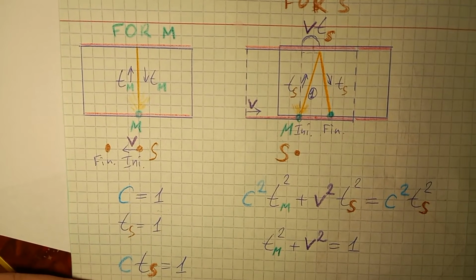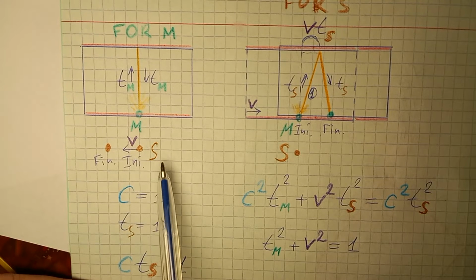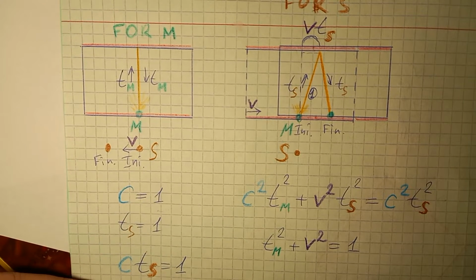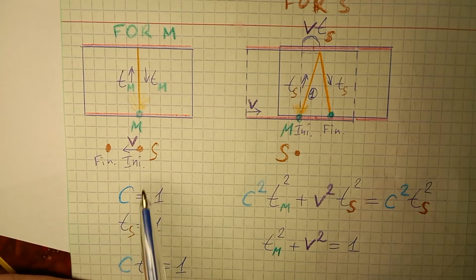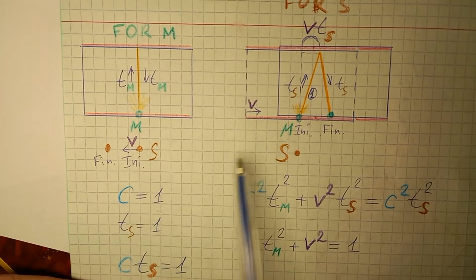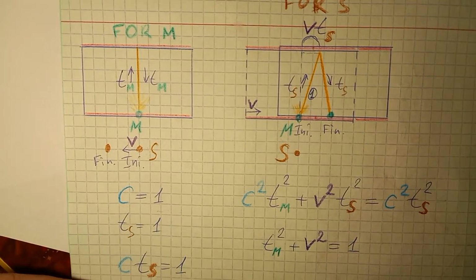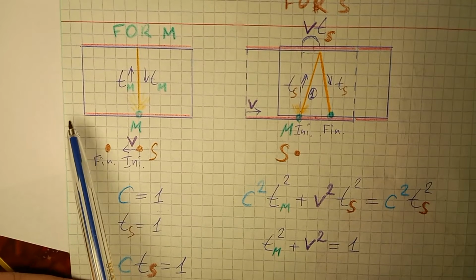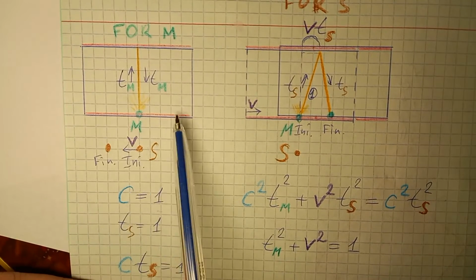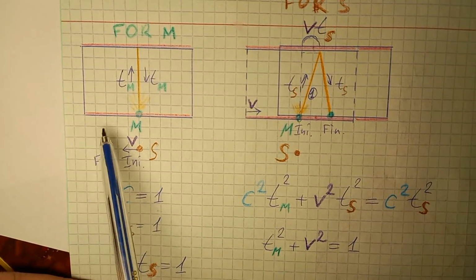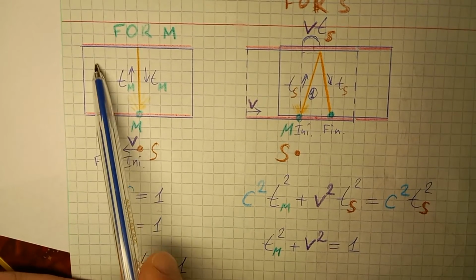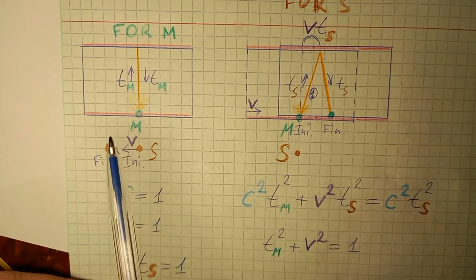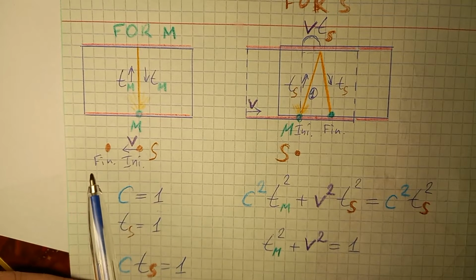Let's set up a thought experiment. There are two observers, 1 and 2. One of them, S, stands on the ground. The other, M, moves on a wagon with mirror sides, one mirror side, the other mirror side, at a constant speed v.